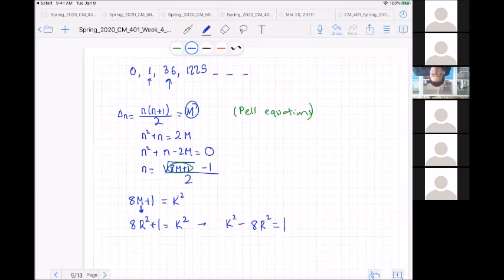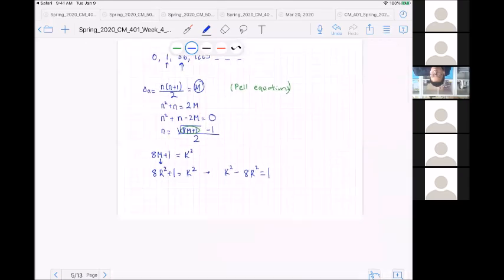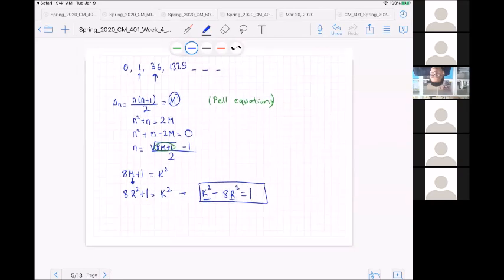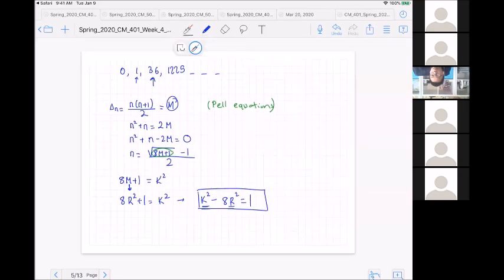Now, the Pell equations have trivial solutions, and we can see where the solutions are. But again, this has to be the case for a triangular number to be a perfect square, okay?